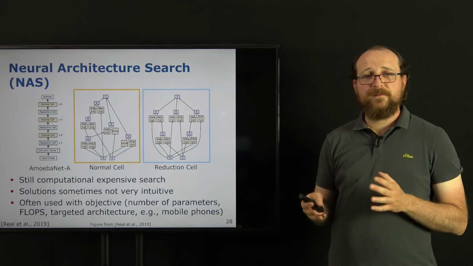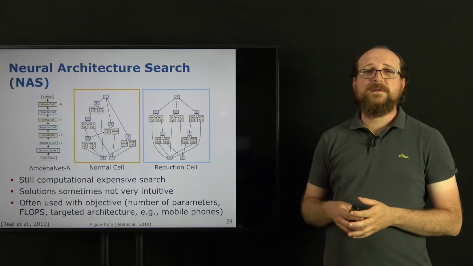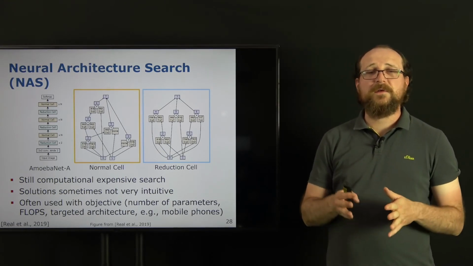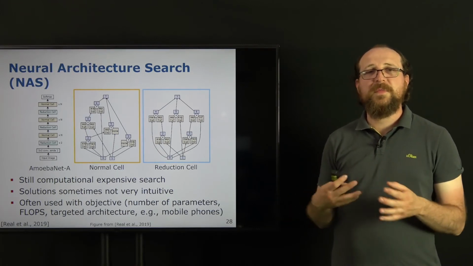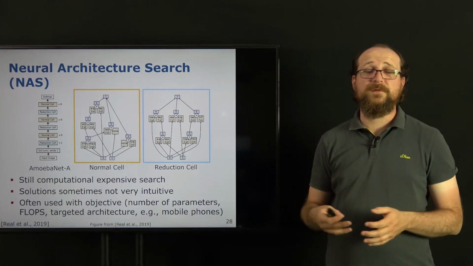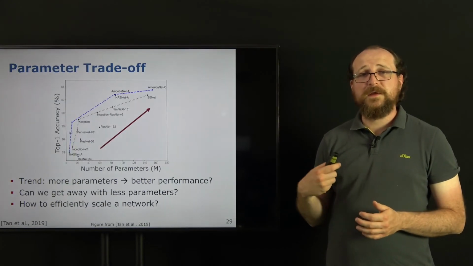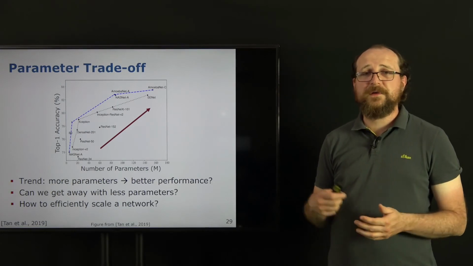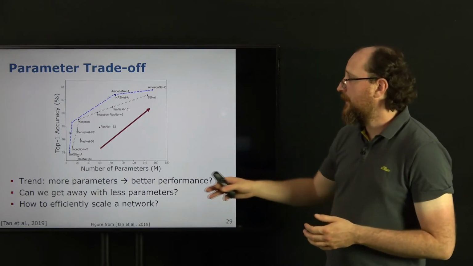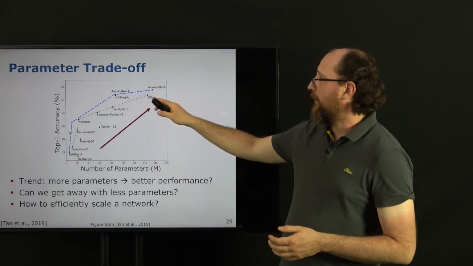And therefore, neural architecture search is often used in cases where we have decided on specific building blocks and then just figure out how to combine these building blocks to achieve the specific objective. When we now look at the results on ImageNet, it becomes clear that by increasing the number of parameters on the x-axis, we are getting better performance.